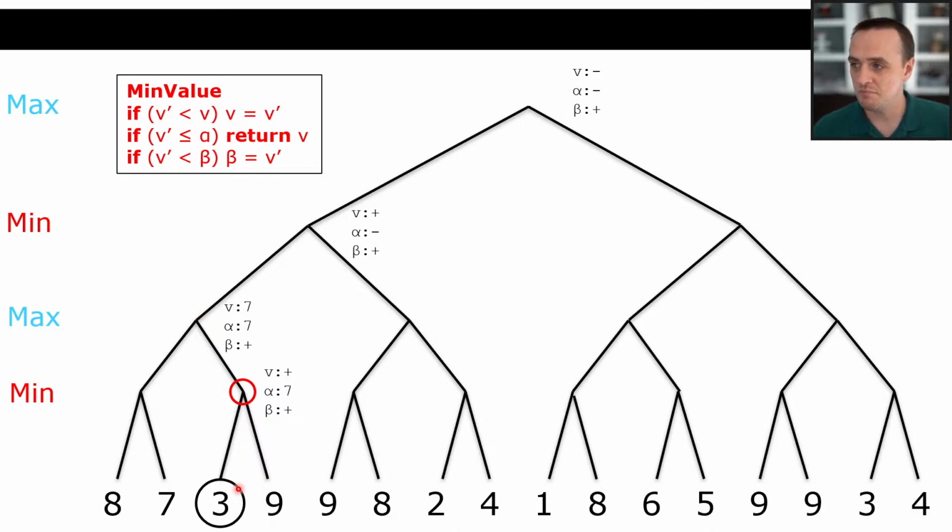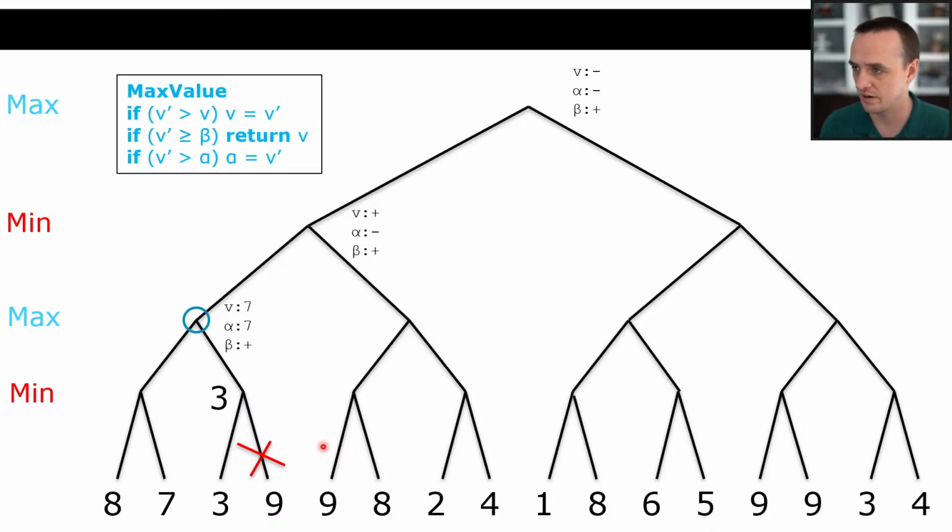But we're currently minimizing with a 3, so I know that the value that gets propagated upward is going to be at most 3. So that's not going to be at least 7. So it doesn't matter what this value is. I can just stop my computation right here and return the value of 3.